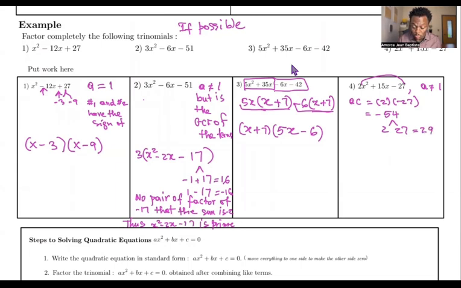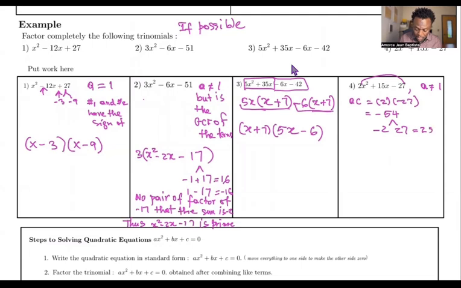If we want one of them to be negative, and 2 is negative, then it will be 25, still not working. If we switch the sign, giving this one negative and this one positive, it will be negative 25, still not working because we want it to be positive 15.